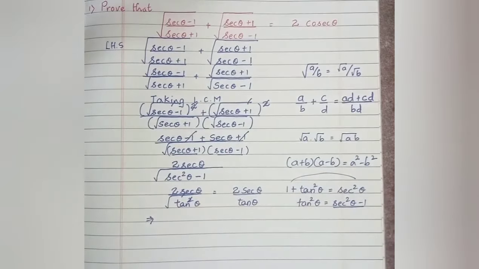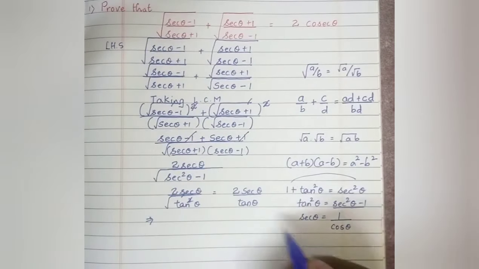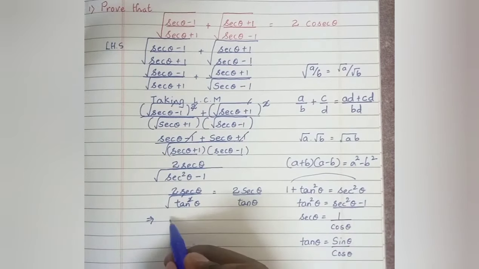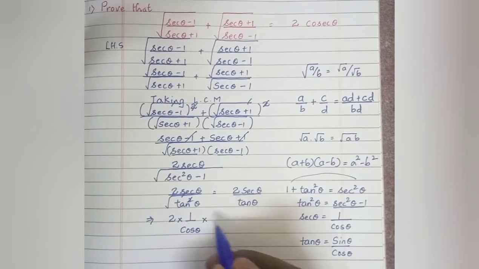Now we have the relation that secant theta is the reciprocal of cos theta, that is secant theta equals 1 by cos theta. The ratio of tan theta is sin theta divided by cos theta. Now 2 into secant theta can be written as 1 by cos theta into, now I'll get tan theta as sin theta divided by cos theta.